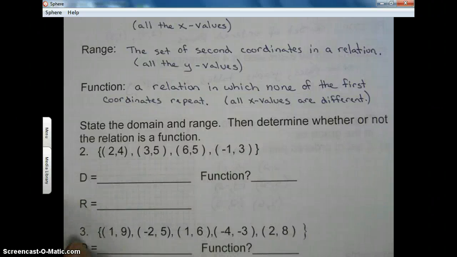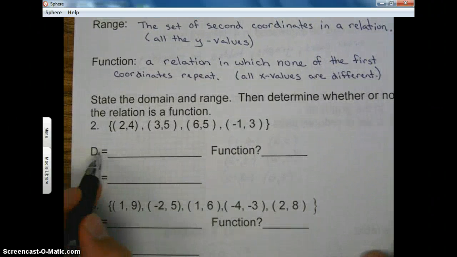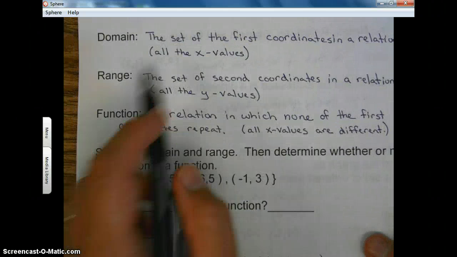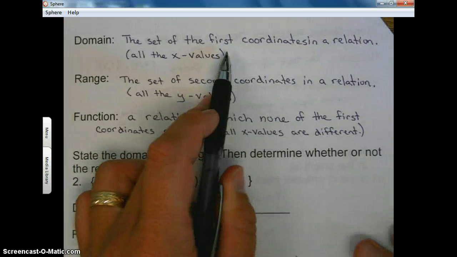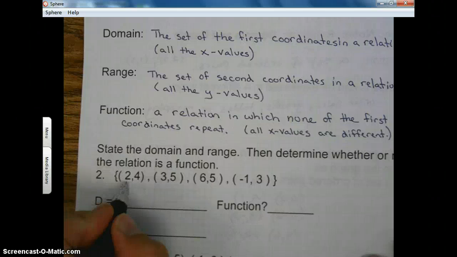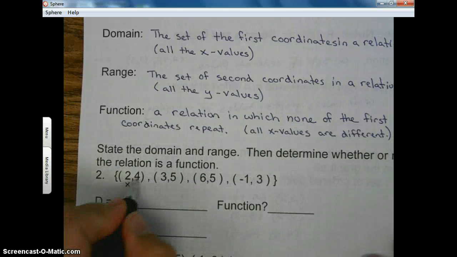Let's do number 2 together, and you can do number 3. So looking for the domain, back up here, the set of the first coordinates in a relation, all the x values. Just recall that the first number represents your x value, the second number represents your y value.